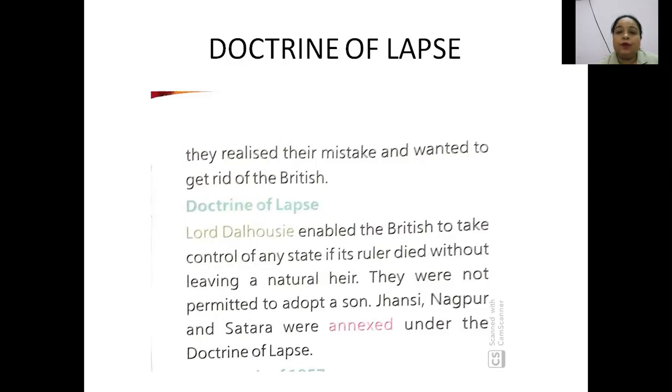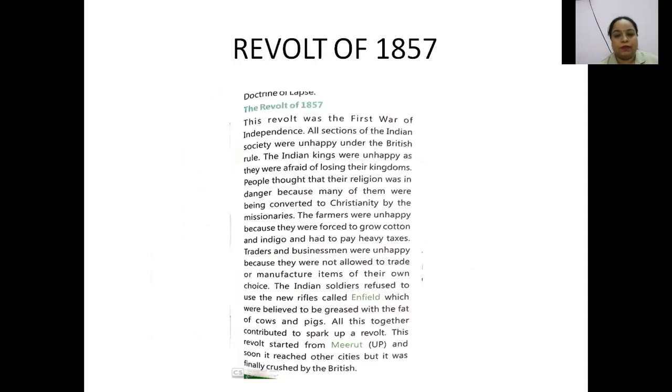Who are the people affected by this? They were Jhansi, Nagpur and Satara. So these are the places which went to the Britishers without a war, by the Doctrine of Lapse. Understood this thing? I'll explain once again after this. So this is called the Doctrine of Lapse.